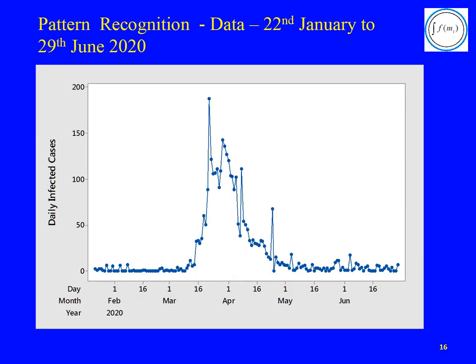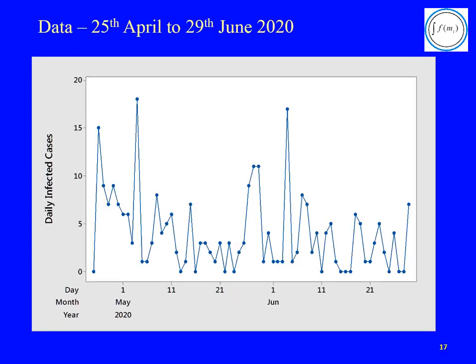There is a growth, a rapid jump of infected cases, and again its decline with heavy fluctuations, and it moves to a very low level. So this time series plot explains the pattern. This part we have to identify very clearly to proceed further.